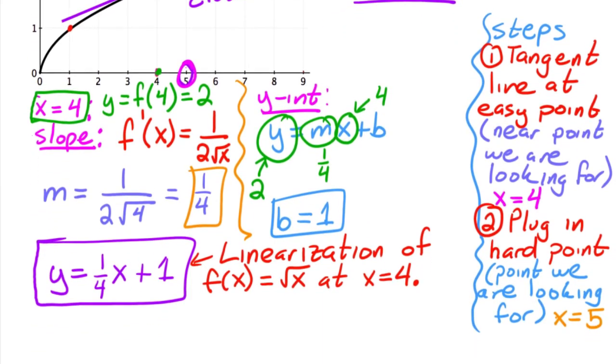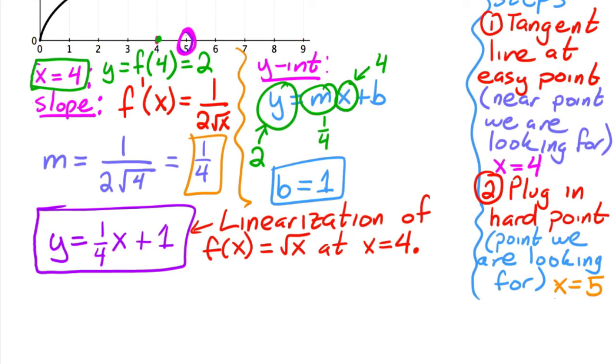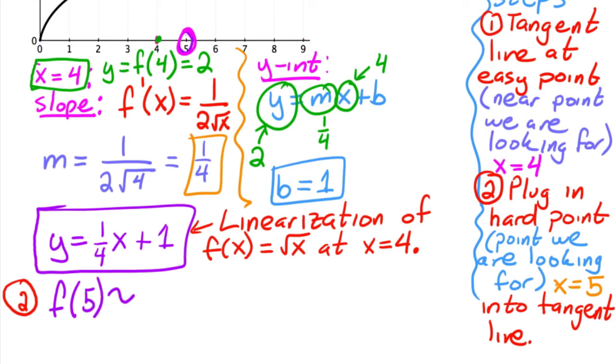So we plug in the hard point, x equals 5, into the tangent line. So here's step 2. f of 5 is approximately equal to 1/4 times 5 plus 1. This is 5/4 plus 1.